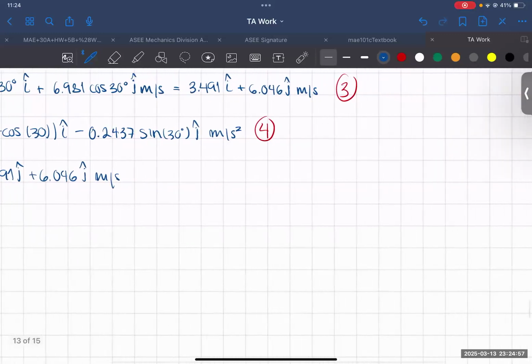And this will equal 13.768 on the I hat plus 6.046 on the J hat.